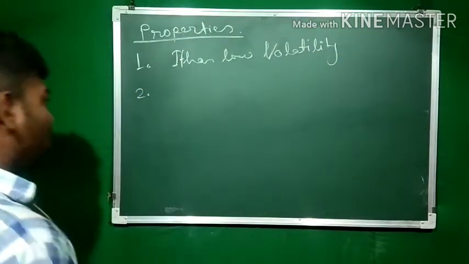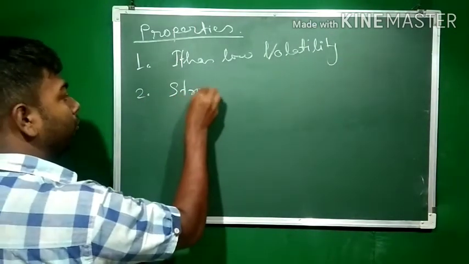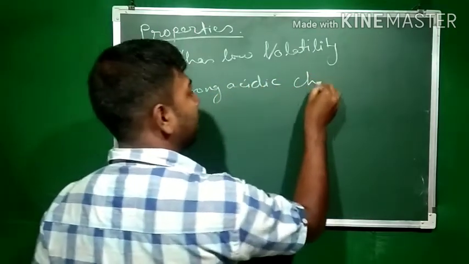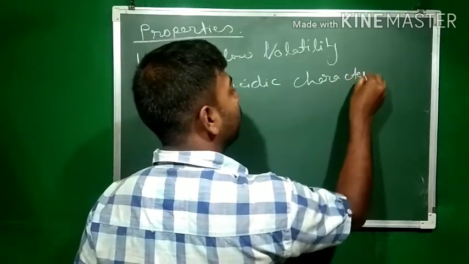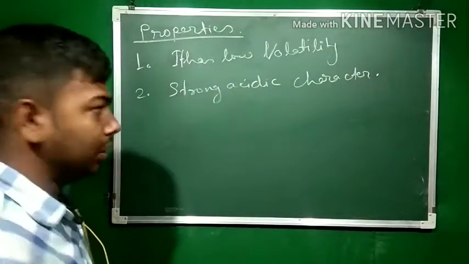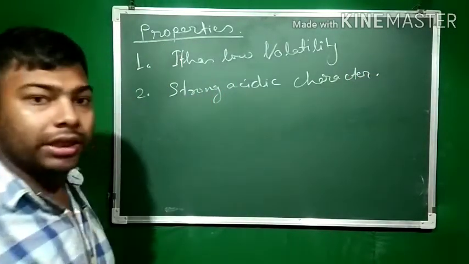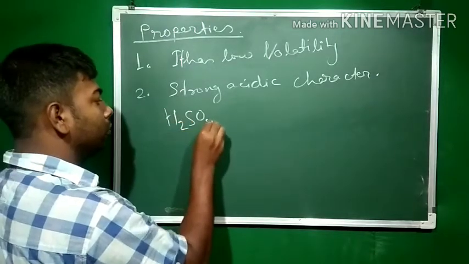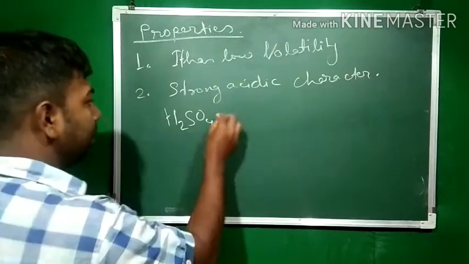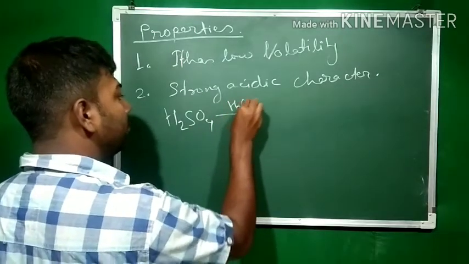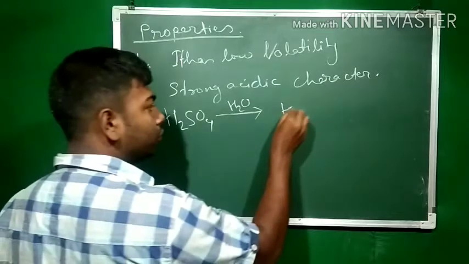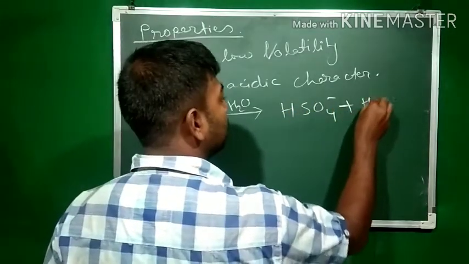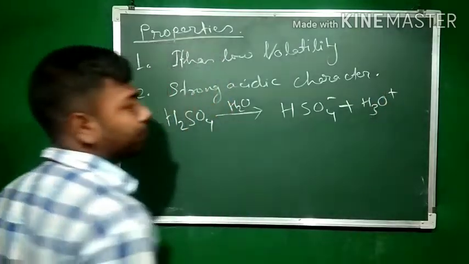Second property is the strong acidic character. How? Now see, we are writing the dissociation of sulfuric acid. When it reacts in presence of water, first of all it produces HSO4 negative plus H3O positive.